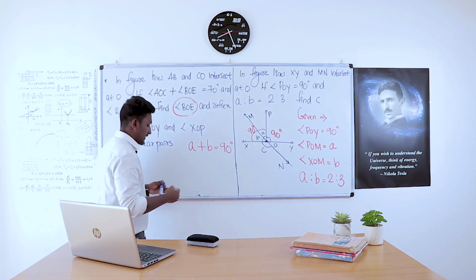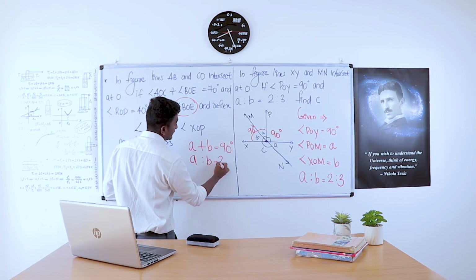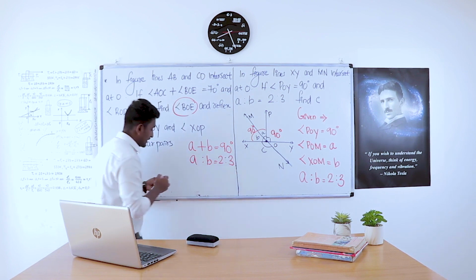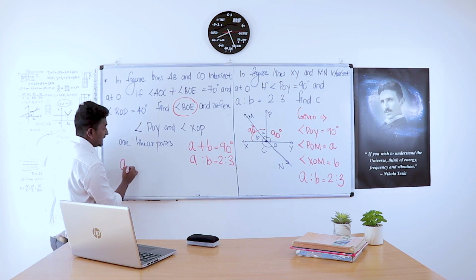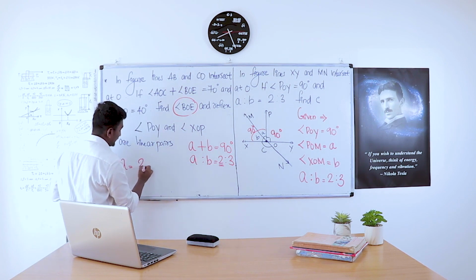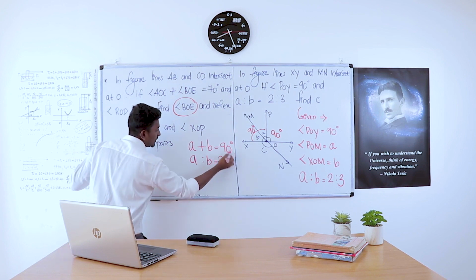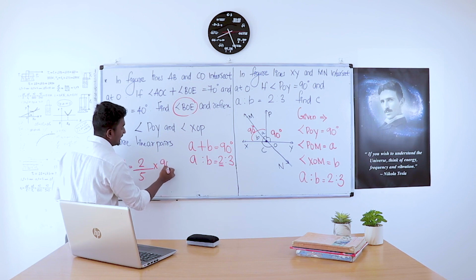And the ratio of A and B is 2 is to 3. Using this condition, we can find A and B. A is equal to the ratio of A, 2, divided by the sum of the ratios, 2 plus 3, which is 5, into the total value 90 degrees.